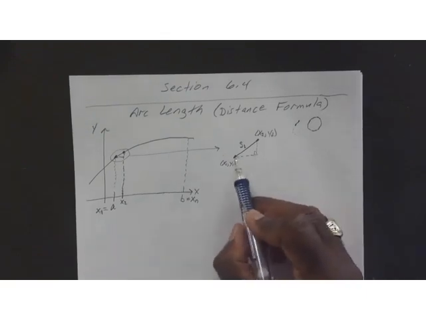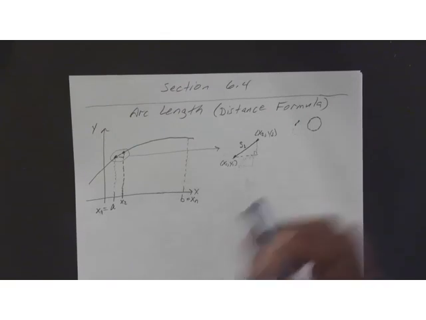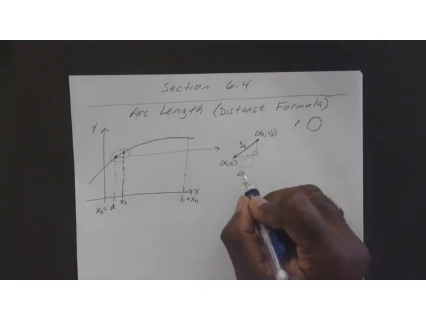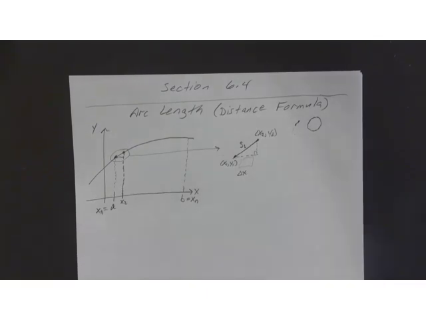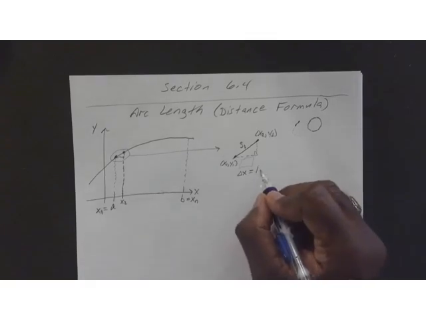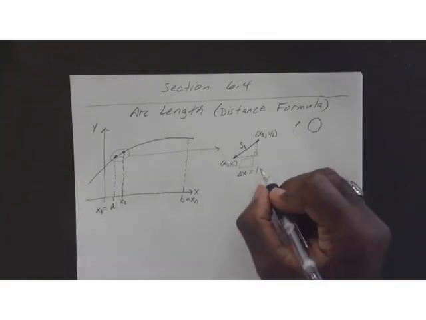We know that the distance of x for this side, if we wanted to find the length of this side, that would be our delta x. That's just equal to the absolute value of the distance between x2 and x1. That's all we're doing there.